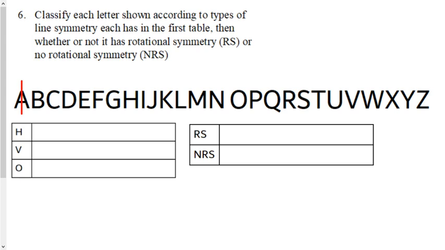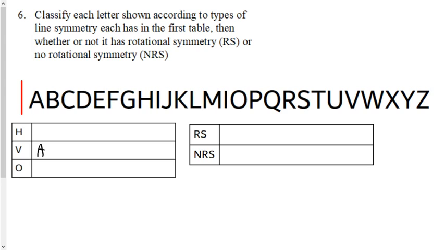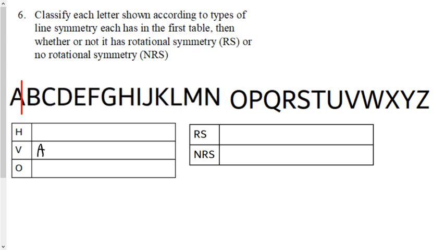We'll do vertical. Does A have vertical symmetry? So A goes here. Does B? No. Does C, D, E, F, G, H? Yes, H. H is there. What about I?